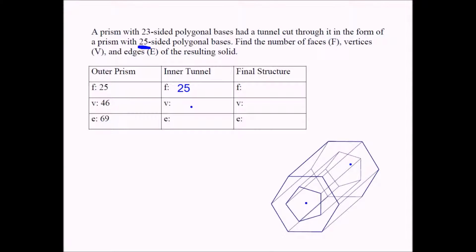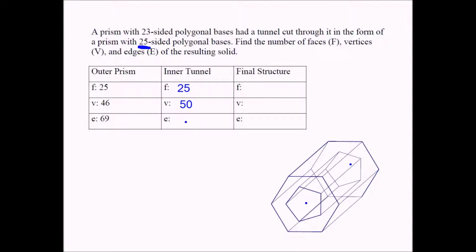All the vertices of the inner tunnel, the prism that forms the inner tunnel, will have to be accounted for because all those vertices will become the vertices of my final structure. So the inner tunnel must have 25 times 2, or 50 vertices. I'm going to put 50 here.